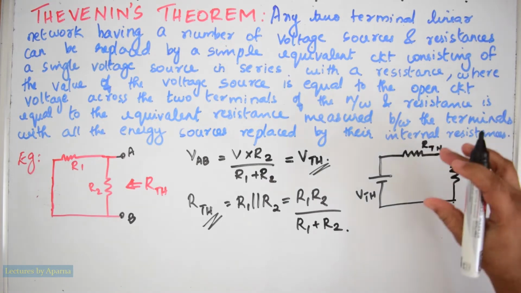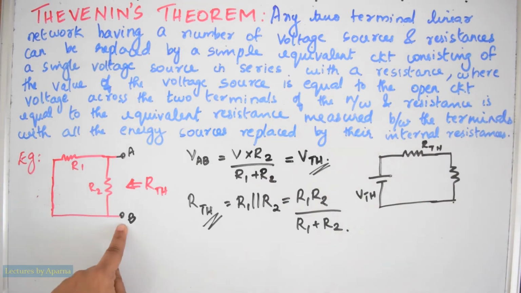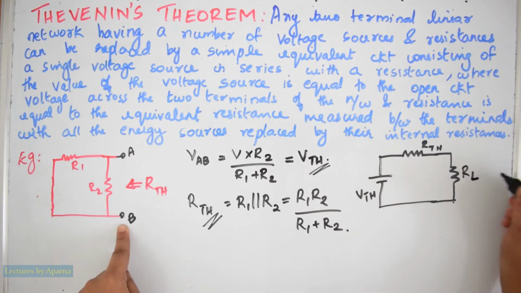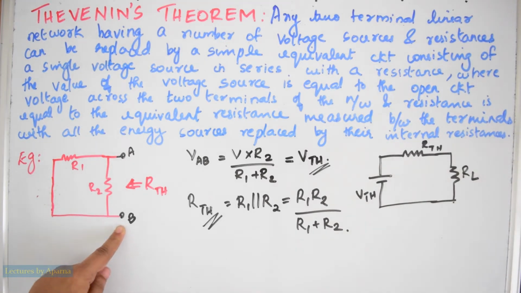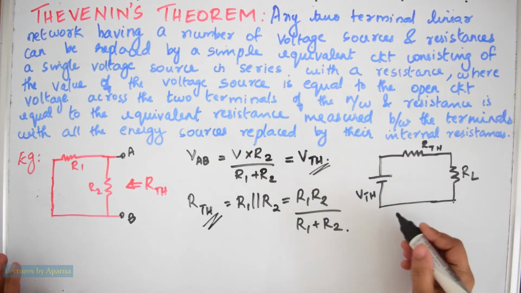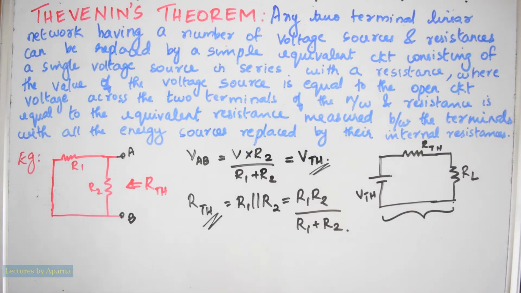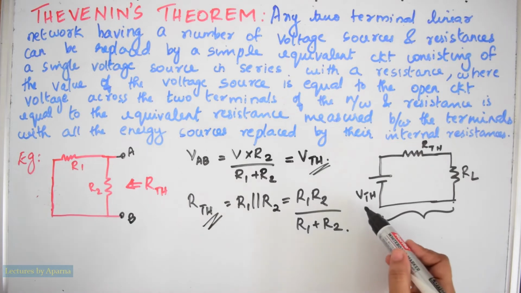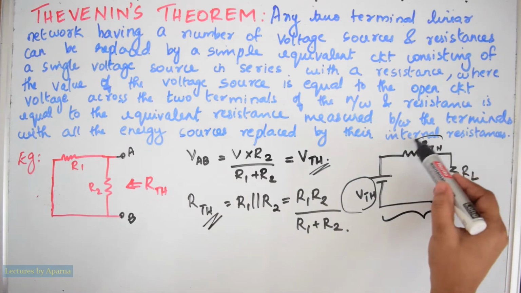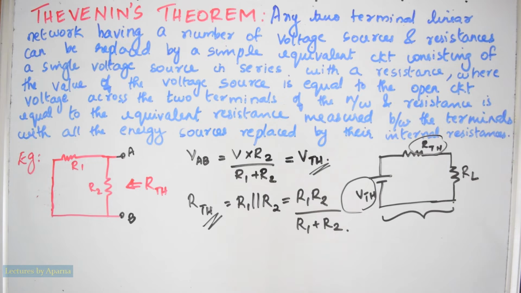So we are placing that load resistance that we removed from here, this RL. Okay, so we can convert any big network into a small network like this using Thevenin's theorem, just by replacing the voltage sources with internal resistances.